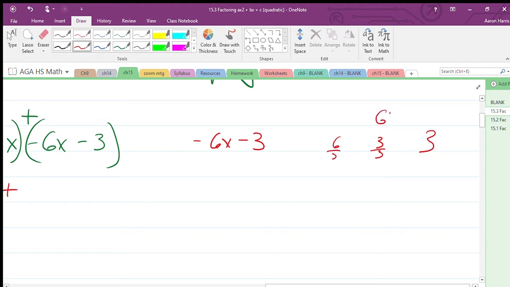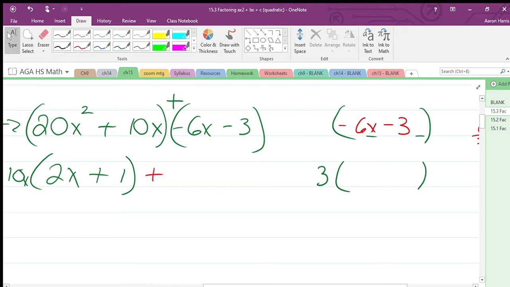Then I look at the variables. Well, I have an x here, I don't have an x here. So my GCF is just plain 3. So what do I do? Put this in parentheses, copy parentheses down here, put my GCF outside, okay?